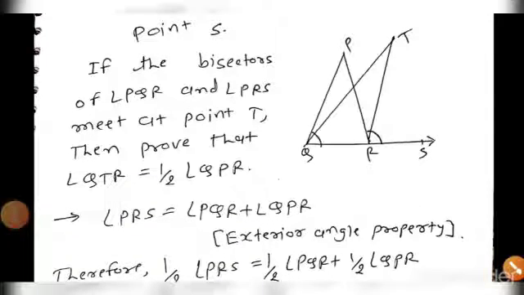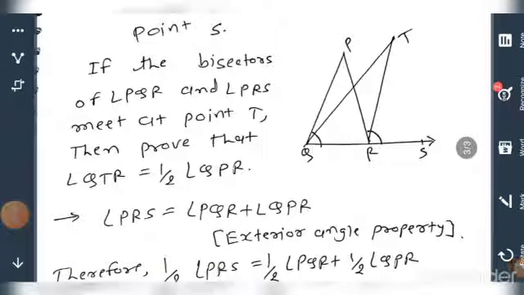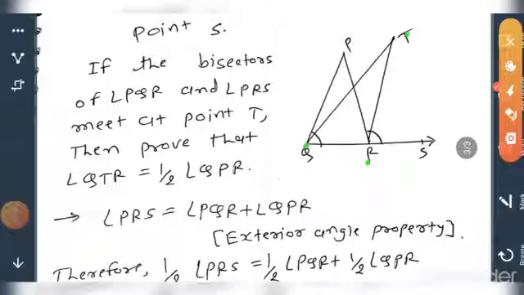After that, prove that angle QTR is equal to 1/2 angle QPR, which is given in the question.